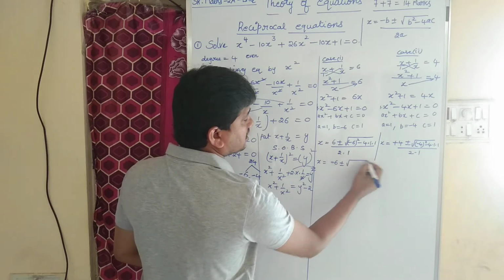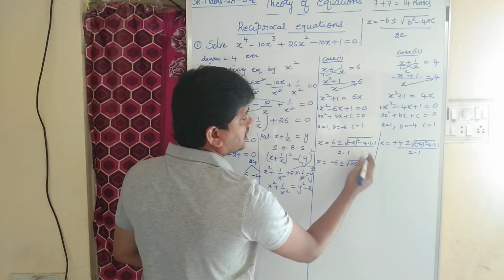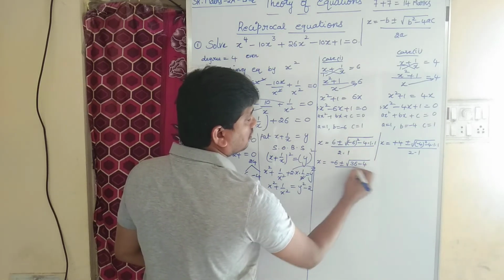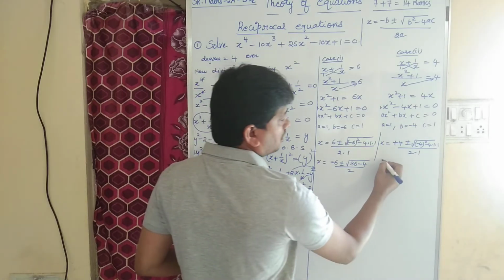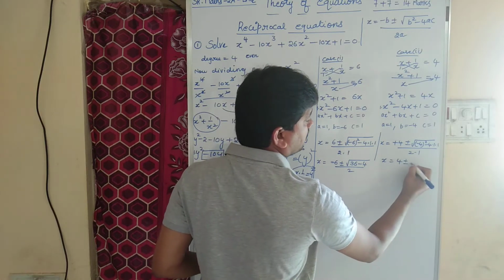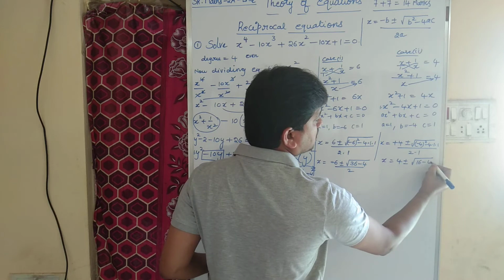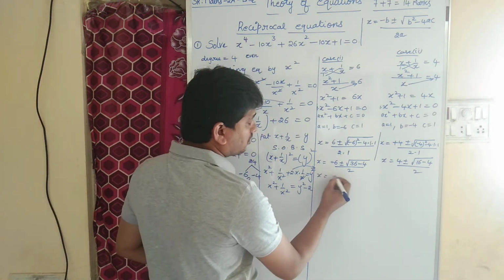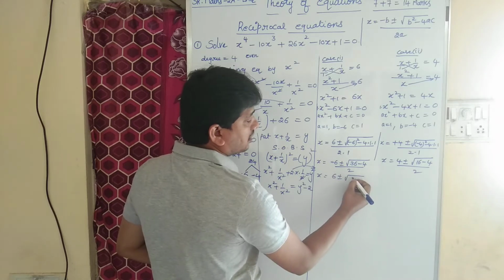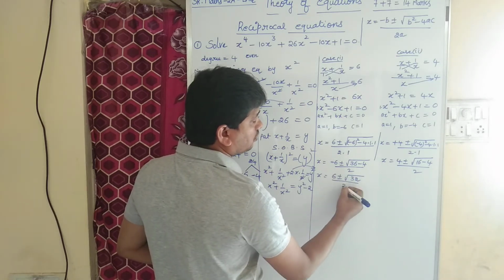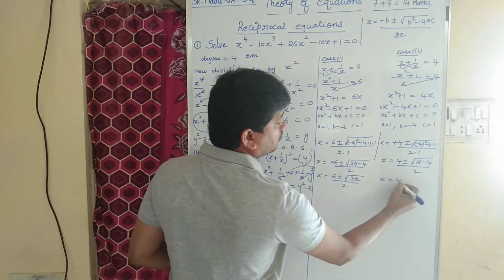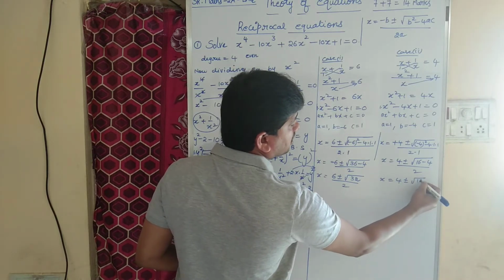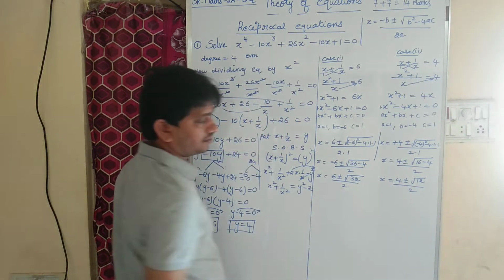So children, x equal to 6 plus or minus root of 6 whole square 36 minus 4, by 2. Here x equal to 4 plus or minus root of 16 minus 4, by 2. So x equal to 6 plus or minus root of 36 minus 4, 32, by 2. x equal to 4 plus or minus root of 16 minus 4, 12, by 2.